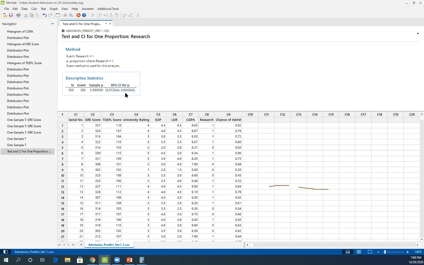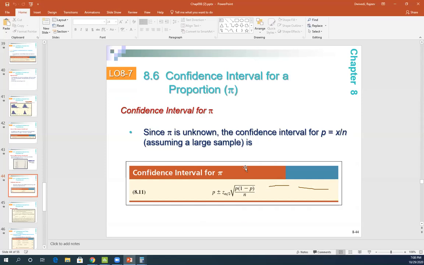So for the research university application, I'm 95% confident between 51.5 and 60.4. So this is my confidence interval based on proportion. So this is for proportion.